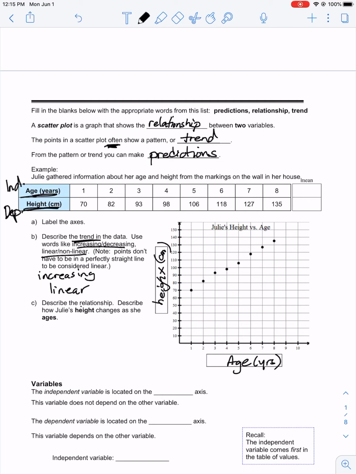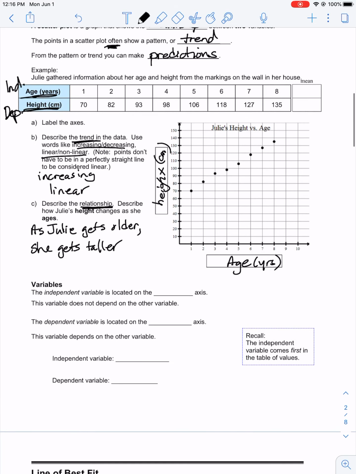Then describe the relationship. What we want to do is describe how Julie's height changes as she ages. So clearly, as Julie gets older, she gets taller. That's pretty clear.